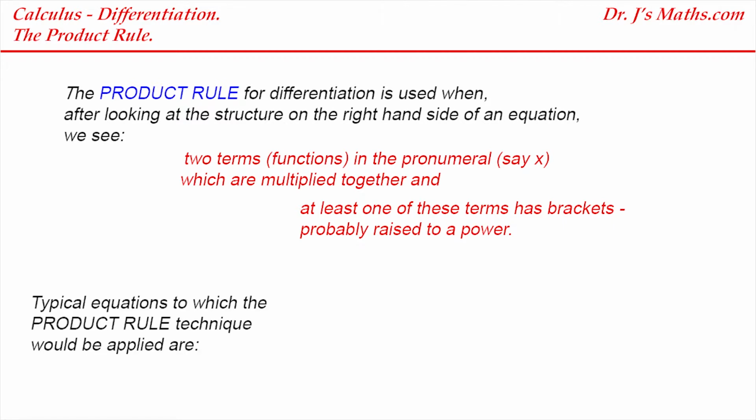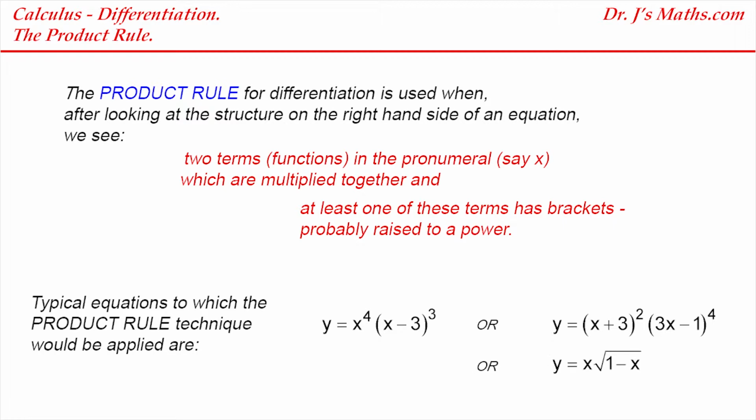Typical equations to which the product rule technique could be applied are y equals x to the fourth times (x minus 3) all cubed, or where we have two brackets raised to powers, (x plus 3) all squared times (3x minus 1) all to the fourth. Or we might have a radical, y is equal to x times the square root of 1 minus x.